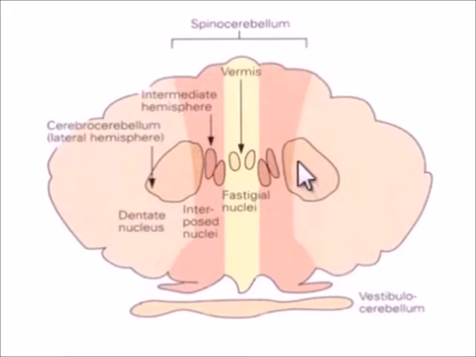So the dentate nucleus is the farthest, close in the midline is the fastigial nucleus, and between these two is the interpositus or intermediate nucleus, which consists of the globose nucleus and emboliform nucleus. The fastigial and interpositus nuclei belong to the spinocerebellum, and the dentate nucleus belongs to the cerebrocerebellum.